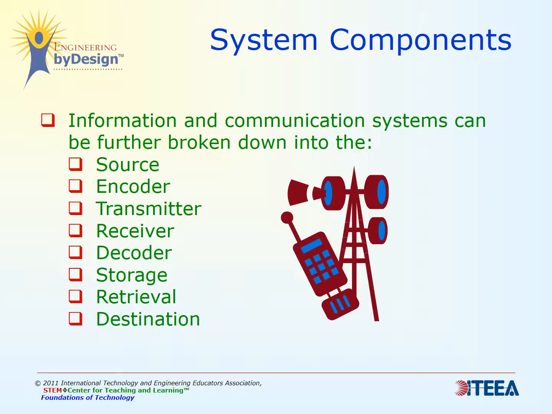Now let's look at system components. Information and communication systems can be broken down into numerous parts. Those parts can be the source, the encoder, the transmitter, the receiver, the decoder, retrieval, and destination.